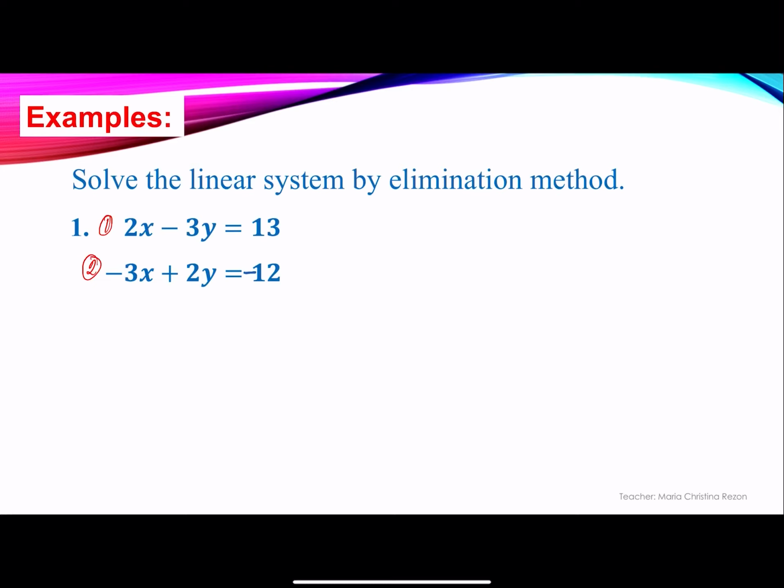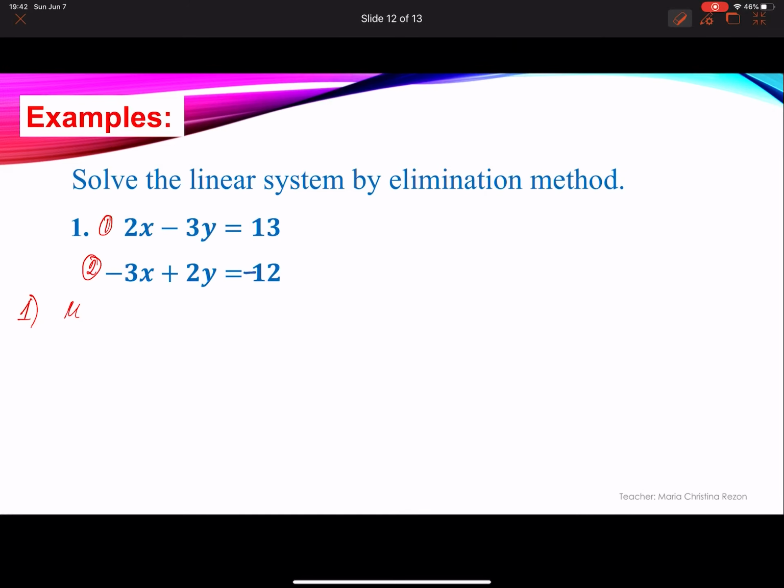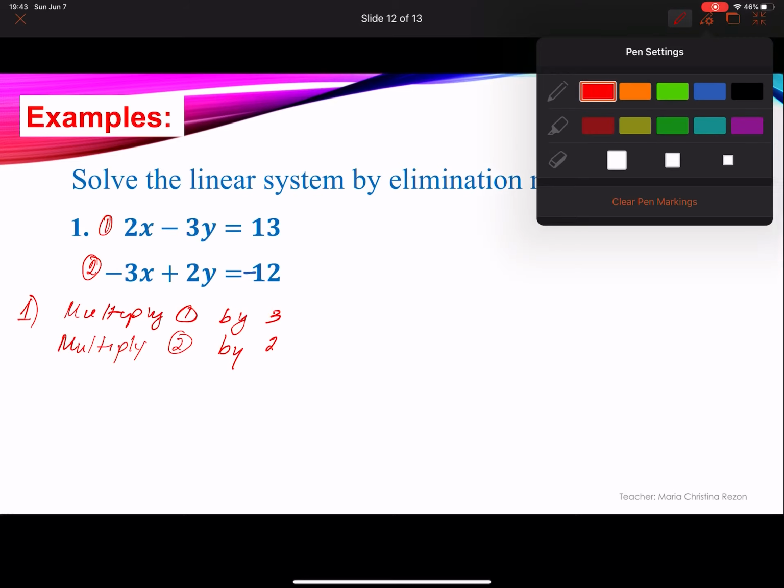So the first thing that you are going to do is multiply equation 1 by 3, and then you multiply equation 2 by 2.